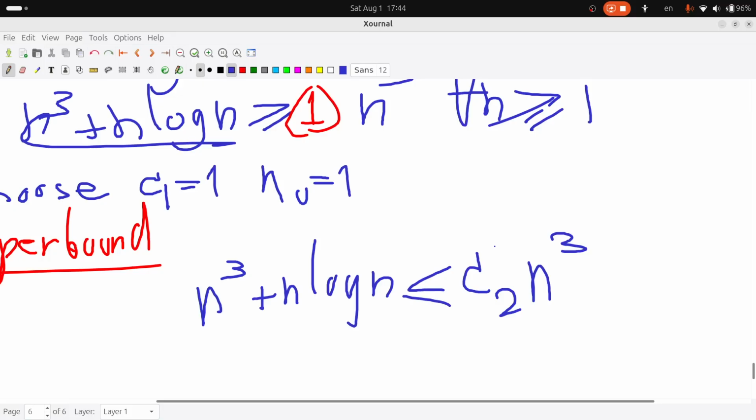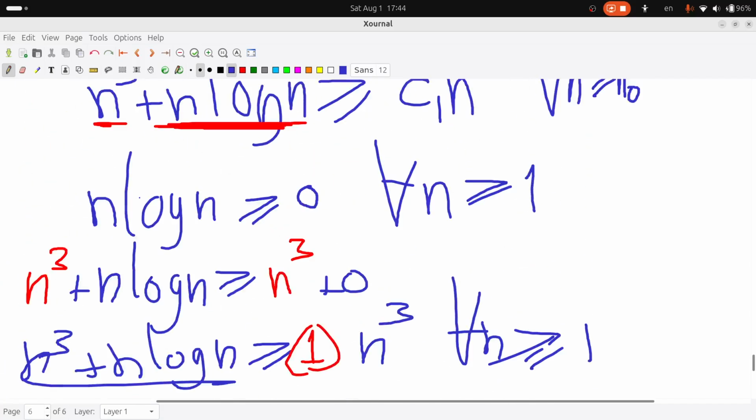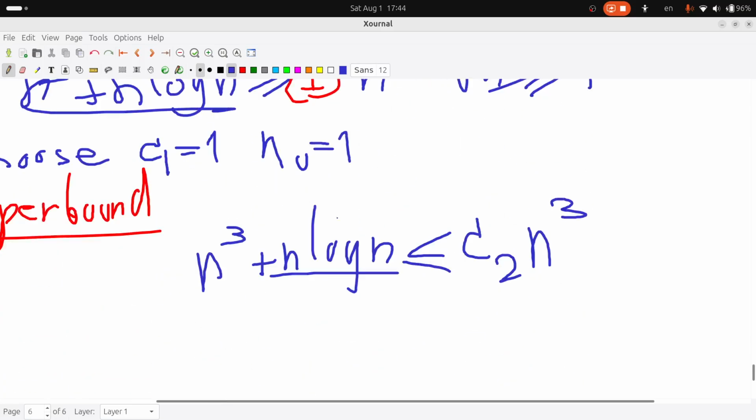This is the hardest one, the same problem as the lower bound of the first problem, because how can we cast this? We can use the sign n log n is greater than or equal to 0, because it is the greater-or-equal sign, but this one is the less-than-or-equal sign. So we can combine this expression to be only n to the power of 3. How can we prove this one? It's going to be the hard thing.